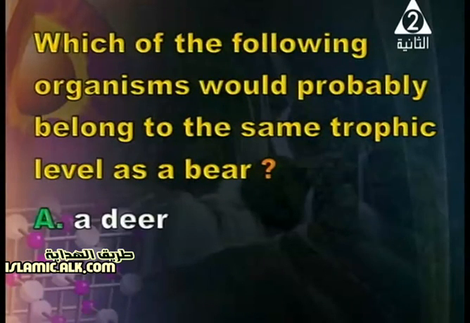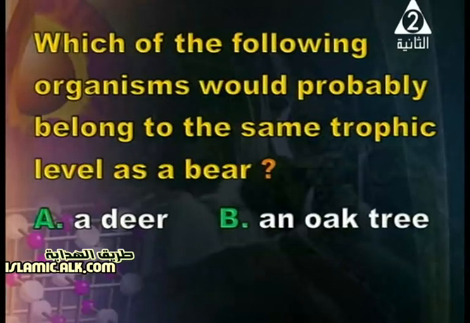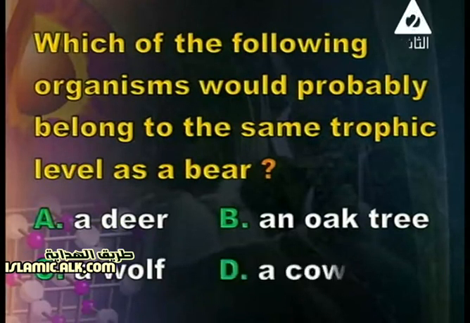We have deer, an oak tree, a wolf, and finally a cow. As you see my dear students, bear is a carnivorous animal, and the one here which accompanies bear in the same trophic level is the wolf. Let's go to the next MCQ.